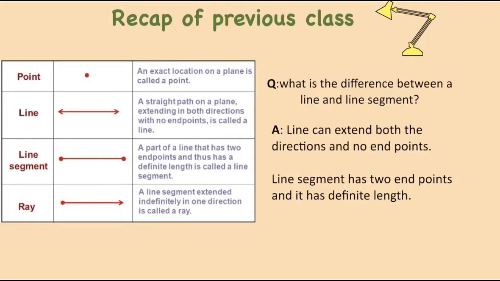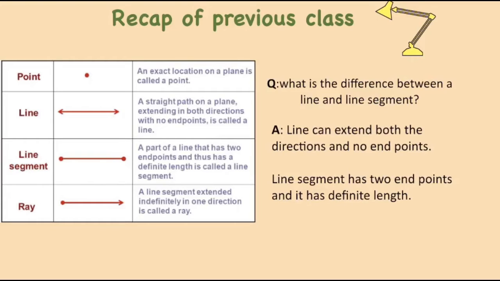A line segment is a part of a line that has two end points and a definite length. A ray is a line segment that extends indefinitely in one direction, and on the other side it has an end point.